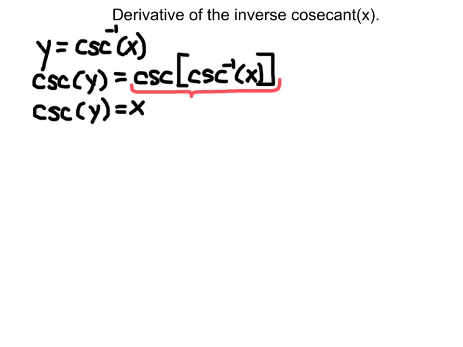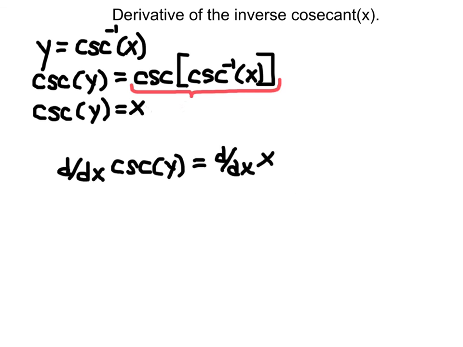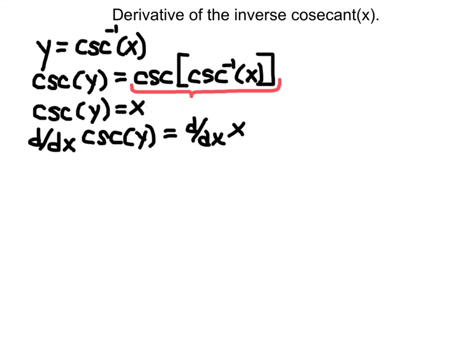So now we're ready to take the derivative of the left-hand side and the right-hand side with respect to x. So the derivative of the cosecant of y is equal to the derivative with respect to x of x. And on the left-hand side, we're going to use the chain rule. The derivative of the cosecant of y with respect to x is the derivative of the cosecant of y with respect to y times the derivative of y with respect to x.